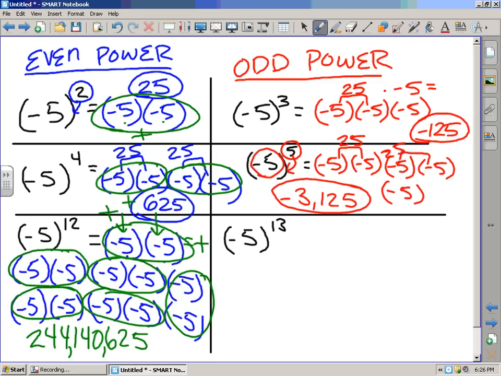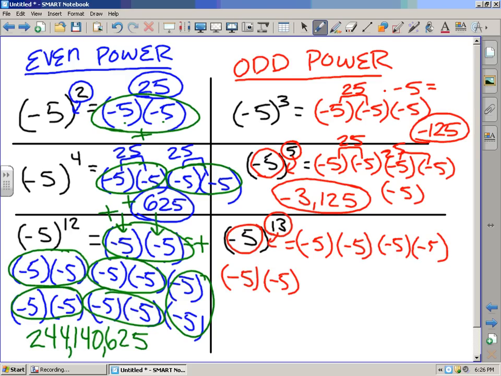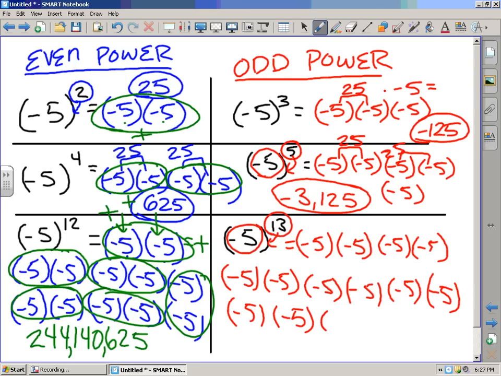And then finally, negative 5 to the 13th power. The 13 goes to this entire parentheses. So we write out negative 5 13 times. 7 times, 8 times, 9 times, 10, 11, 12, and 13.